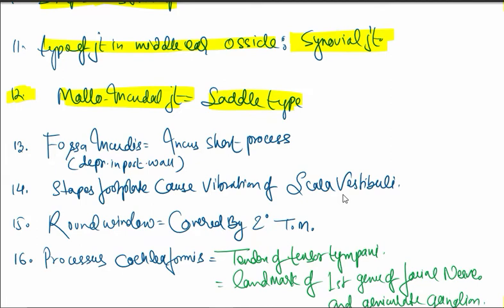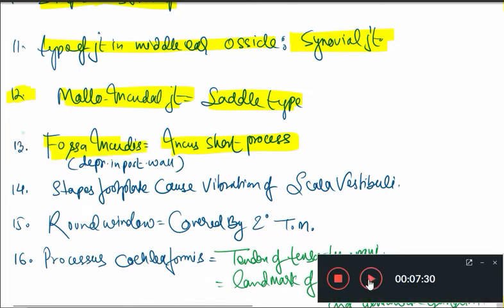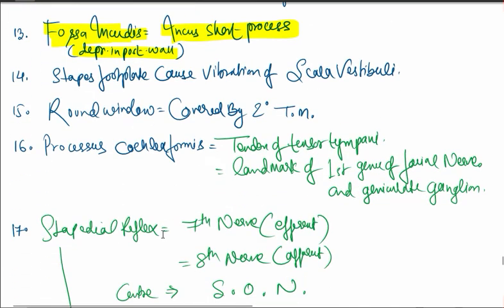Next, fossa incudis. It relates to what? The incus short process. Fossa incudis is a depression in the posterior wall and relates to the incus short process.